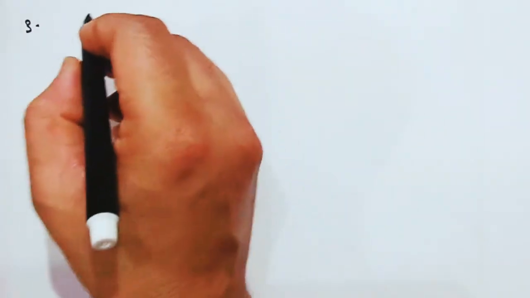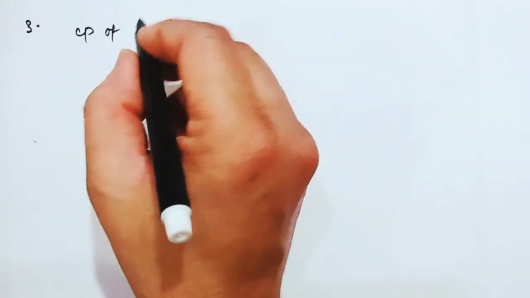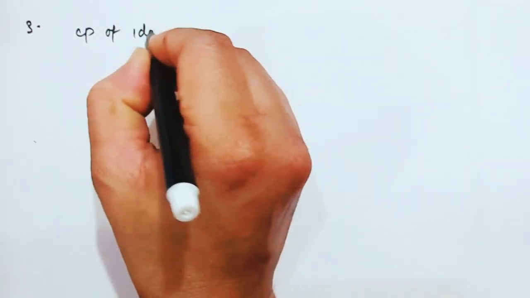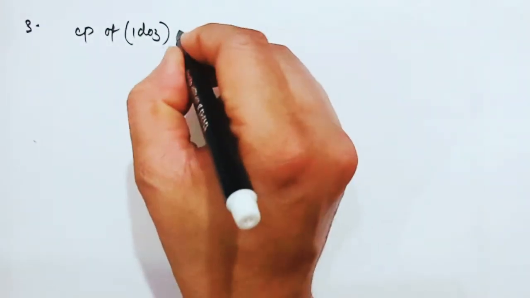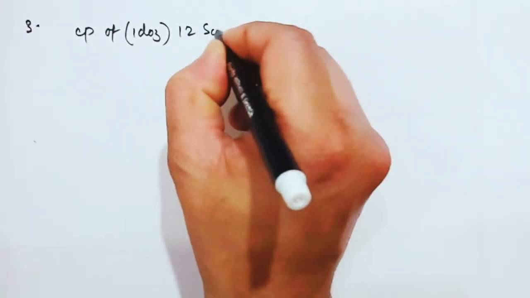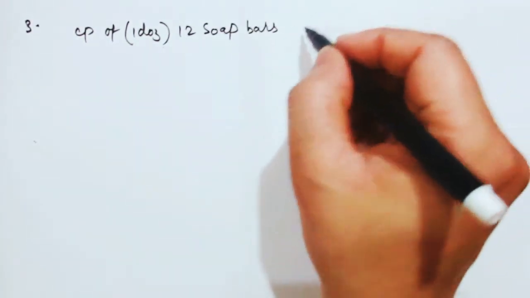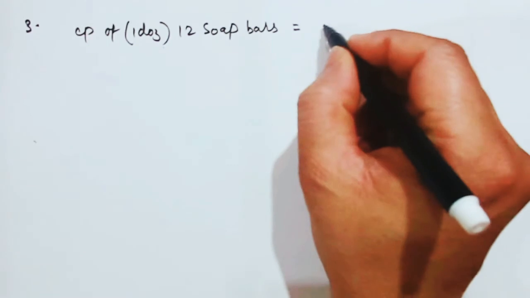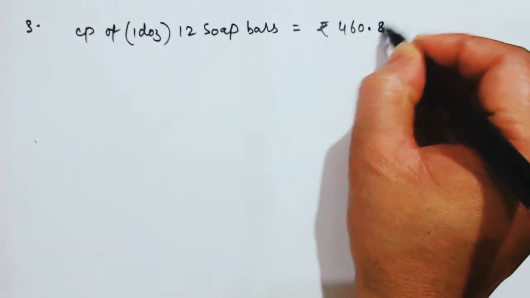So have a look. Instead of writing 1 dozen, I will be writing the units. So cost price of 12 soap bars is equal to how much? They have given you rupees 460.8.